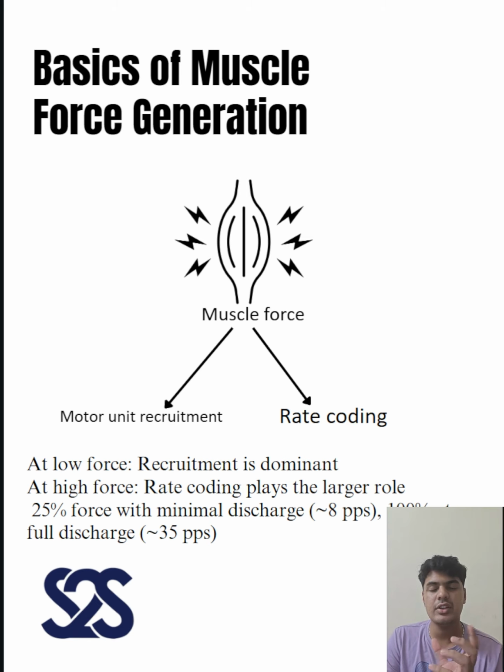Whereas there are chances to reach this 100% at around 35 pulses per second. So that means that higher force production is basically rate coding dependent, and for lower forces, the body is saving energy by recruiting more motor units, at the same time reducing the rate coding, or the firing rate.